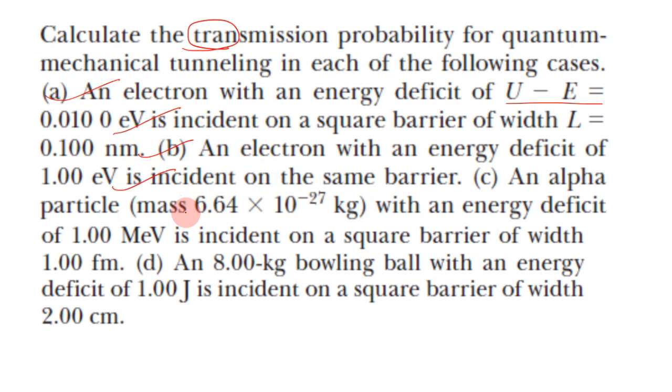Third is an alpha particle whose mass is this, with an energy deficit of 1 mega electron volt, incident on a square barrier of width 1 femtometer. And the D part is an 8 kg bowling ball with an energy deficit of 1 joule incident on a square barrier of width 2 centimeters. So this is a 4-part question, and we'll solve each part individually.